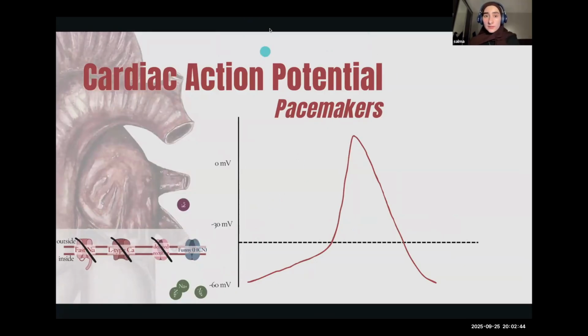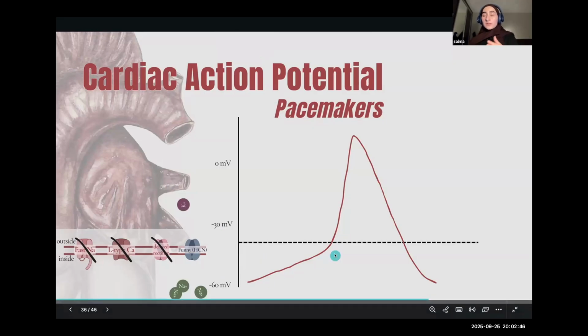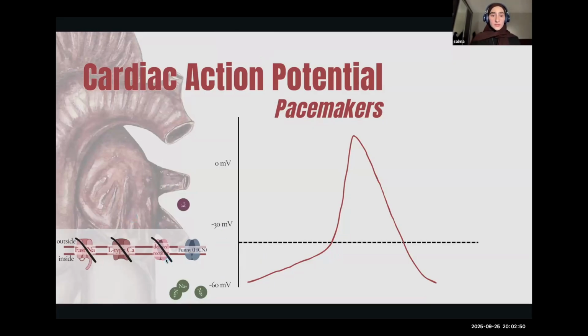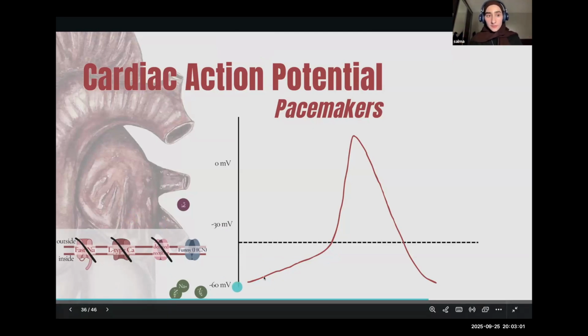And why does it constantly go up? It keeps going up because of what's called the funny current, where you have 3 sodiums constantly entering and 1 potassium constantly leaving. Yes, automaticity is caused by the funny channel. The membrane potential is constantly being depolarized by this funny channel.